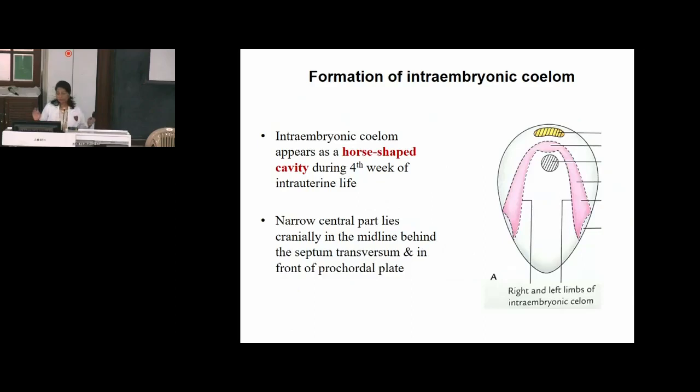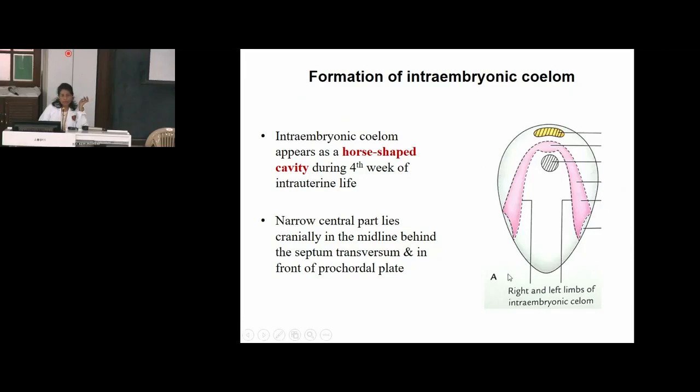During the fourth week, we are getting this horseshoe-shaped intraembryonic coelom, the schematic picture depicted here, which has the anterior, cranial part, just behind the septum transversum and anterior to the precaudal plate, right? This is the cranial part of the intraembryonic coelom, and it has two limbs here.